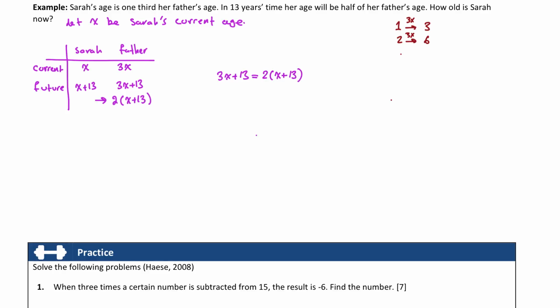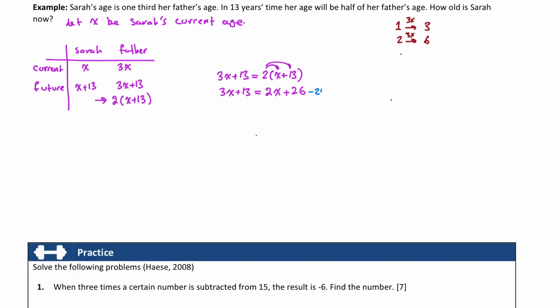So now, let's solve this and see what we get. We get 3x plus 13 on the left side, but I want to distribute the constant into my binomial here. So 2 times x gives me 2x, and 2 times 13 gives me 26. So then I will want to bring all my variables to one side of the equation.